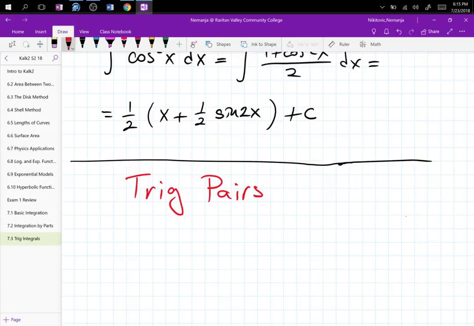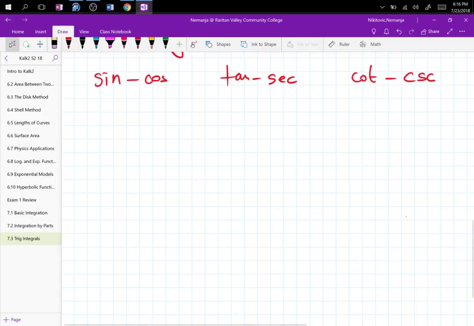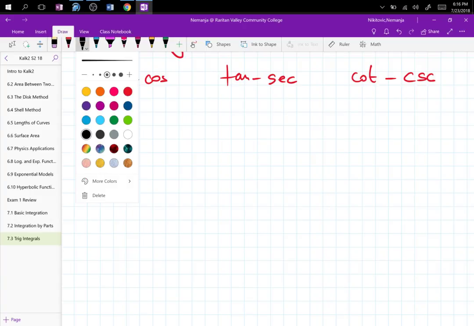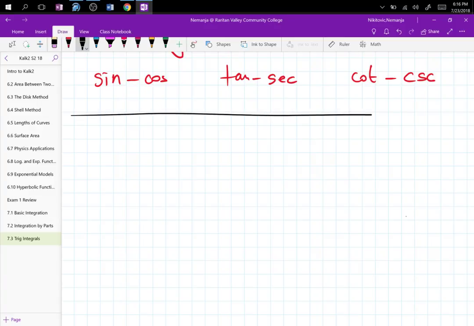So we have sine paired with cosine, tangent paired with secant, and cotangent paired with cosecant. These are the trig pairs, and believe it or not, a lot of your problems in 7.3 will depend on your ability to work through this and make sure you're using the right identities so you can put the integral in the form that you need to do the u sub at the end.